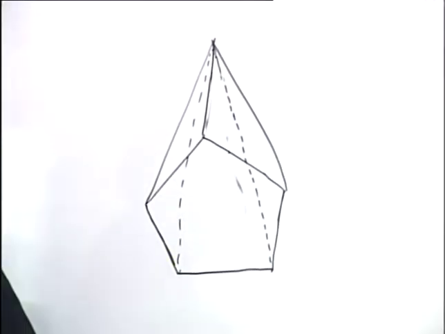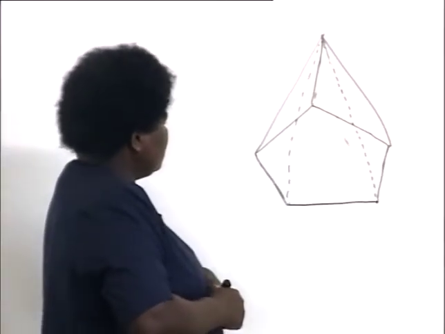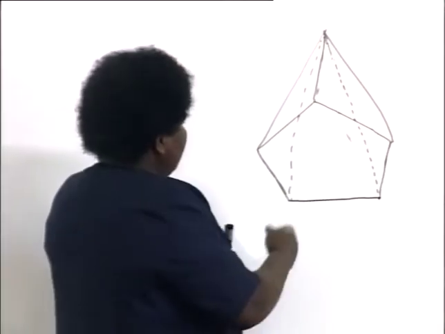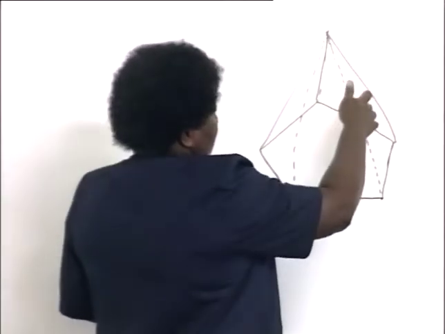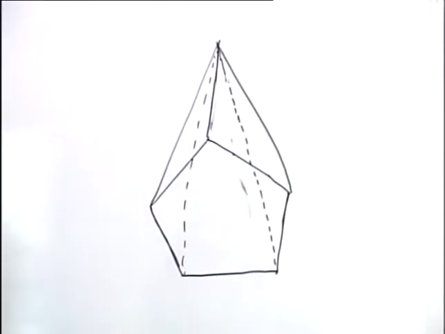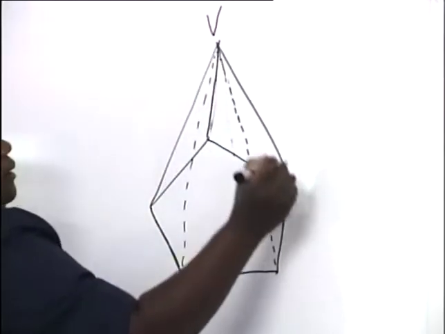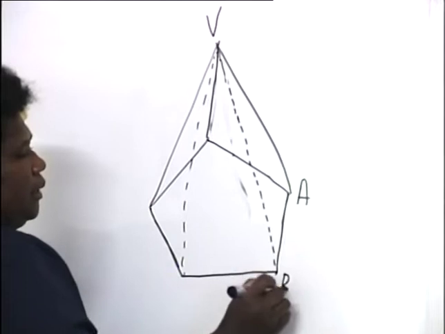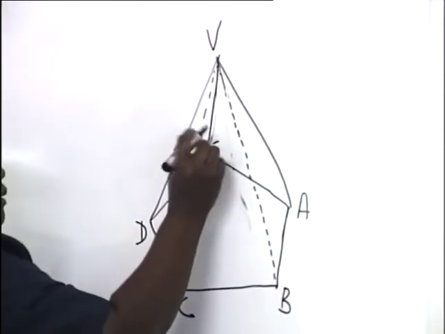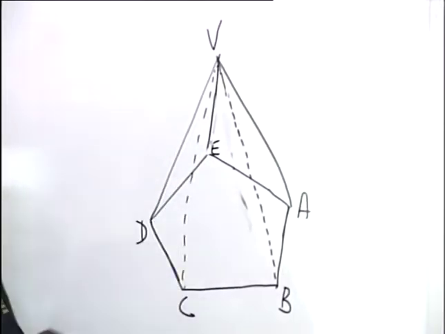Okay, if the base is a pentagon, then it should have how many triangles? 5? Okay, 1 in front, this is 2, 3, 4, and 5 on the side. All right, and it's V, A, B, C, D, and E. Okay, that will be the pyramid.